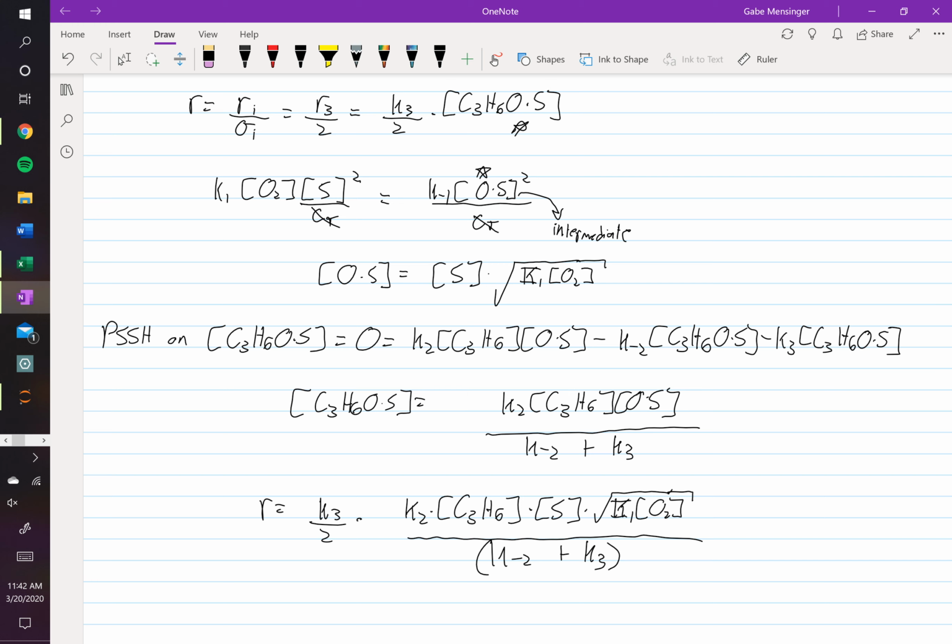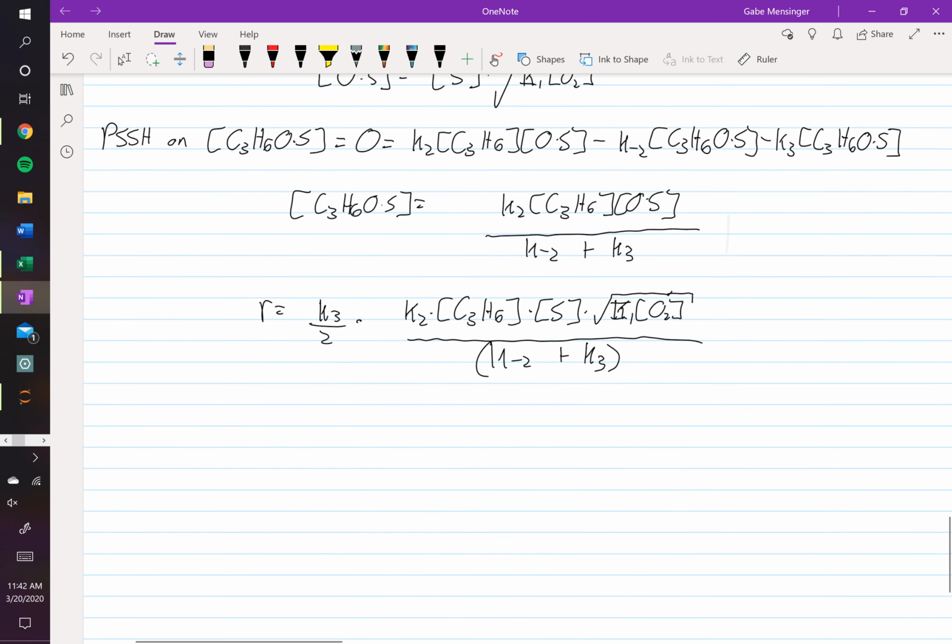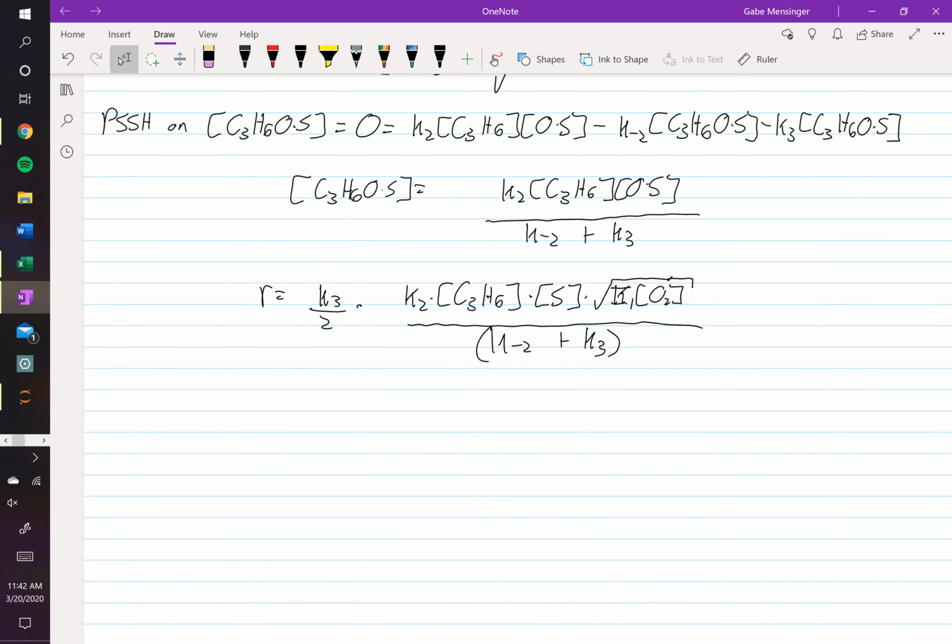And is this done? Not quite, because we cannot leave any of the catalyst surface concentrations in there. So right now the problem child is this concentration of S, which is our empty surface species concentration.